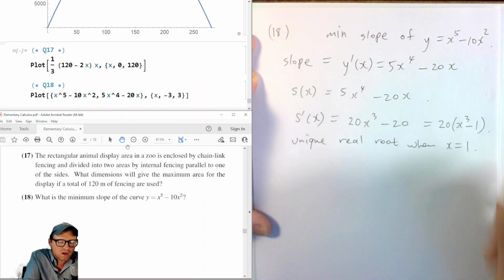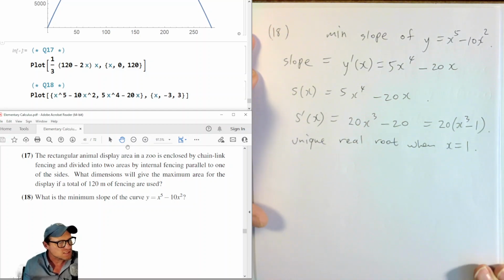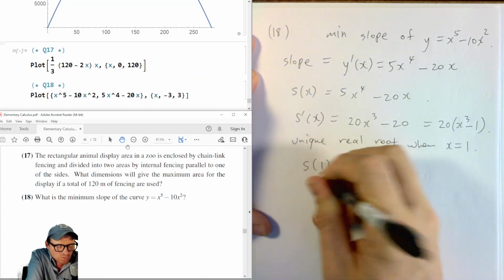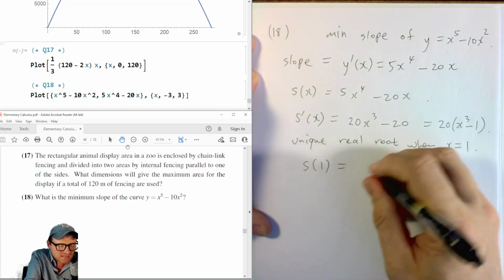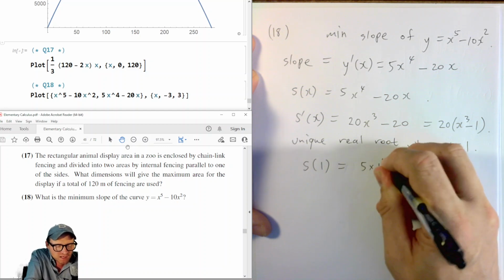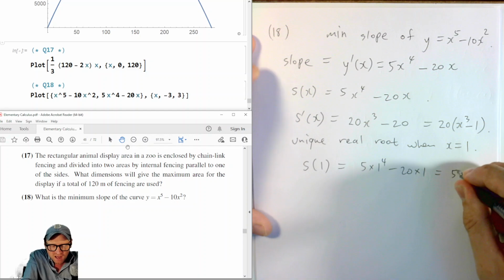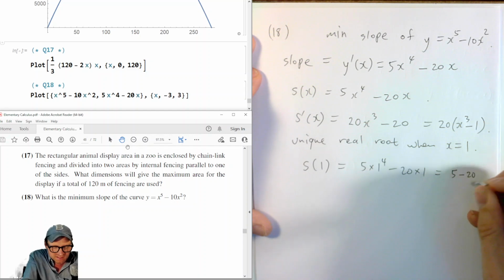So what is the minimum slope? Well, we need to calculate S of 1. S of 1 is 5 times 1 to the power of 4 minus 20 times 1. And so this is 5 minus 20, which is minus 15.